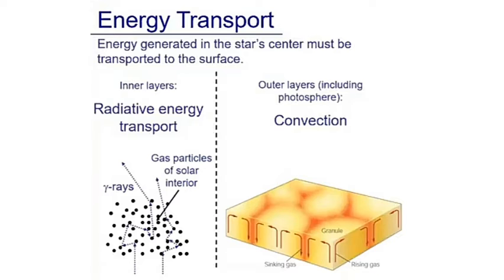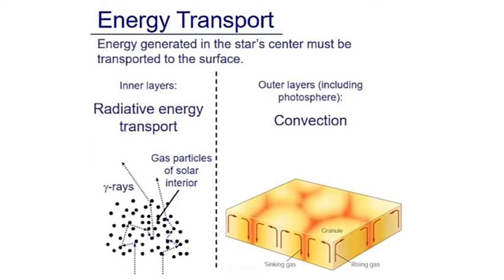Okay, so in radiative energy transport, you have the actual energy radiating straight out. It comes in the form of gamma rays, gets bombarded through little collisions, absorbed and released. It is usually given off at lower energy levels, not just gamma rays: your ultraviolet, your infrared.